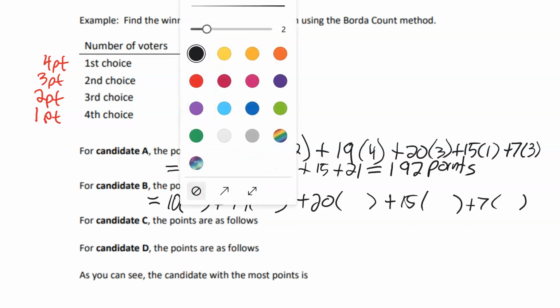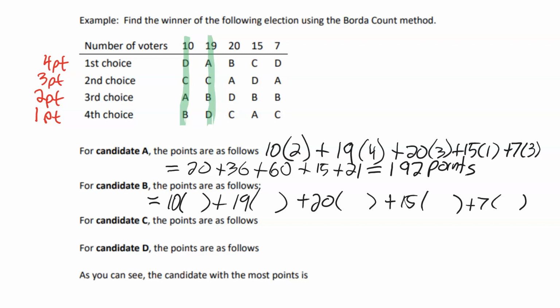So let's see. Taking a look at candidate B, in our first column, they're only worth 1 point each. In our second column, candidate B is worth 2 points each. In our third column, the 20, candidate B is worth 4 points.